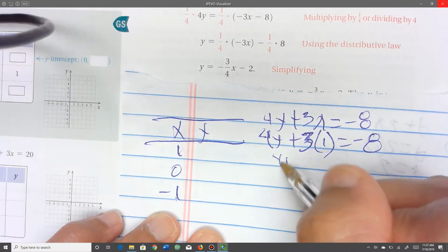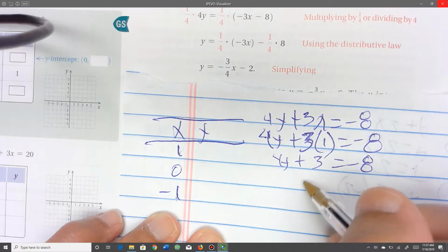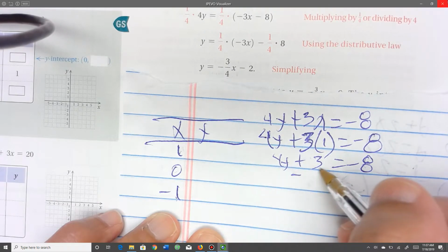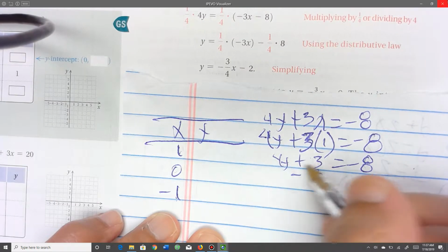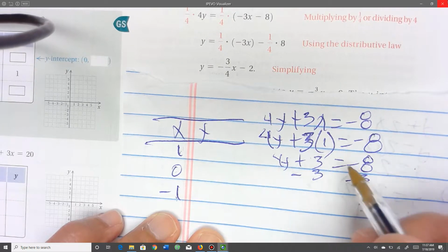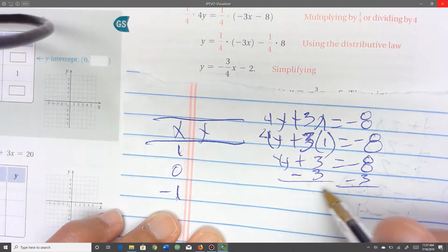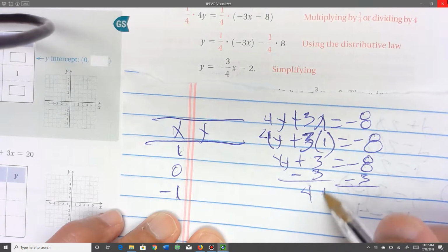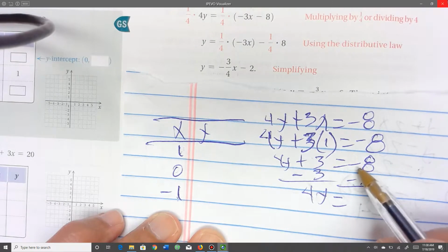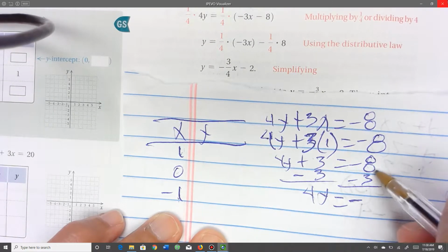That's 4y plus 3 equals -8, and use the addition principle. Since I'm adding here, I need to subtract both sides to keep it balanced. That adds up to 0, so rewrite everything else. Negative and negative, just add them up, keep the sign.